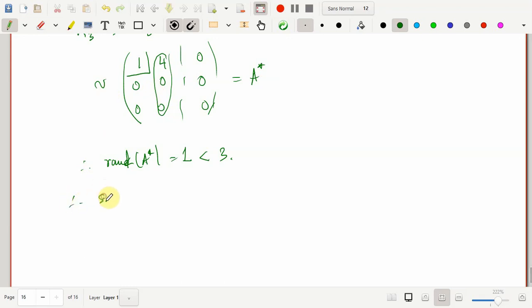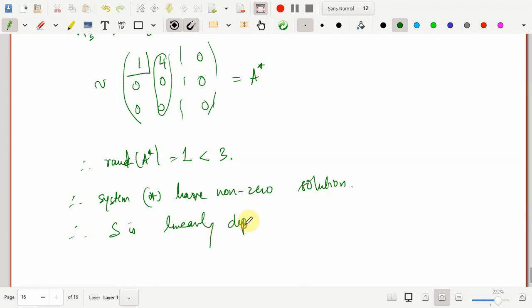Therefore system star has a non-zero solution, and therefore I can conclude that S is linearly dependent.